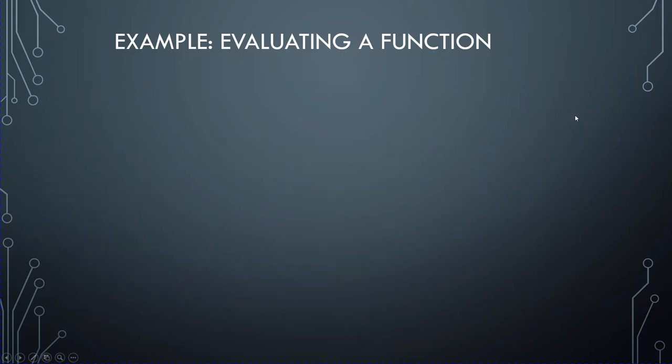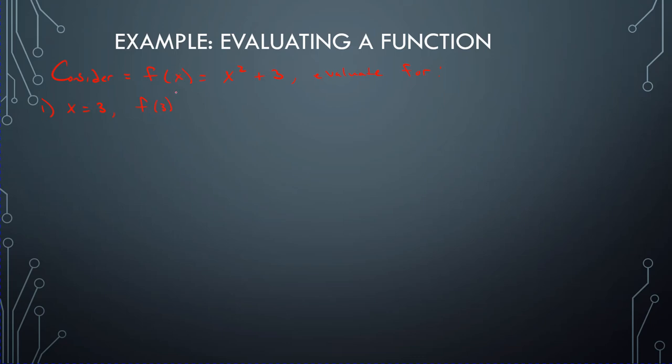All right, let's do another one. Let's consider the function f of x is equal to x squared plus 3. Let's evaluate for a few values. Here's the first one: x is equal to 3. What that means is I'm going to take 3 and plug it into the function.